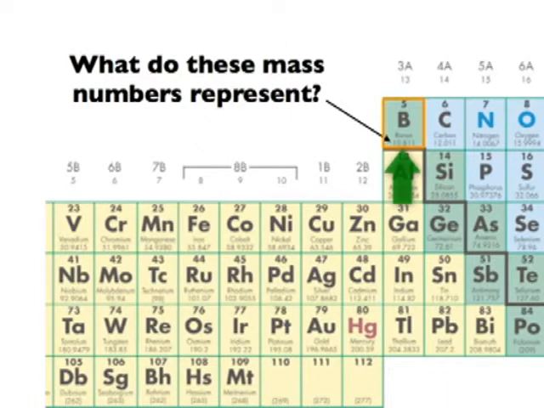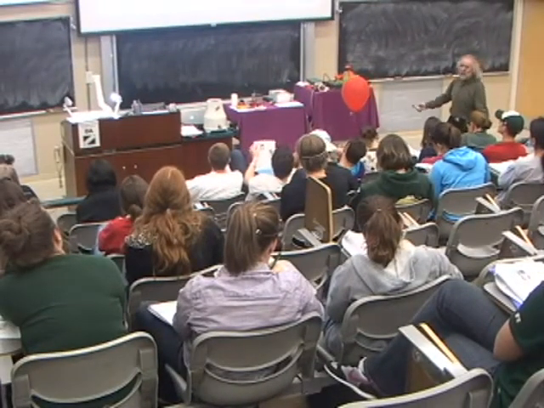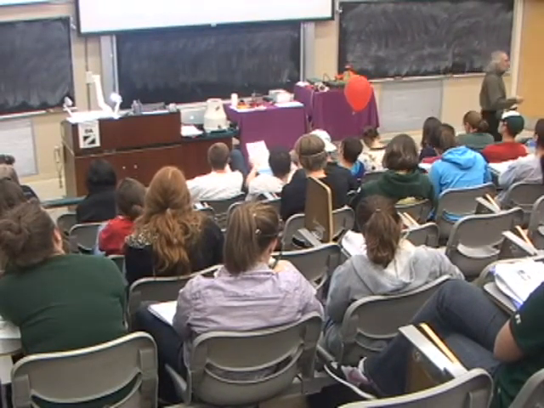But the periodic table says 10.8. How come? It's an average quantity. If you take boron that you find in nature, there's some 10 and there's some 11. And how much the sample weighs depends upon the mix of the two isotopes that you have.